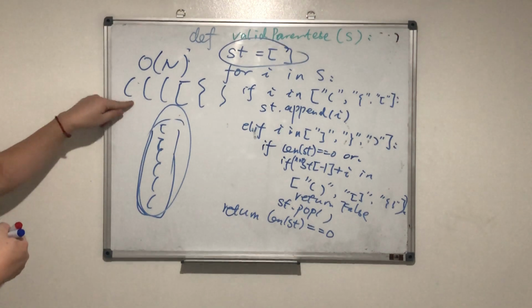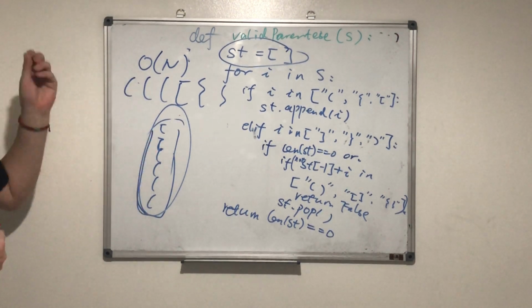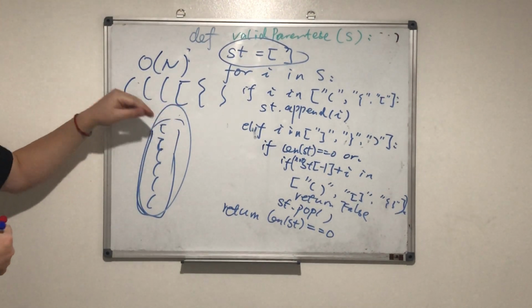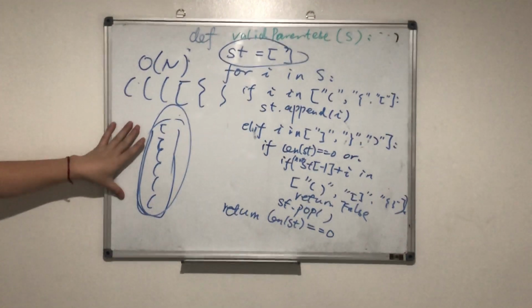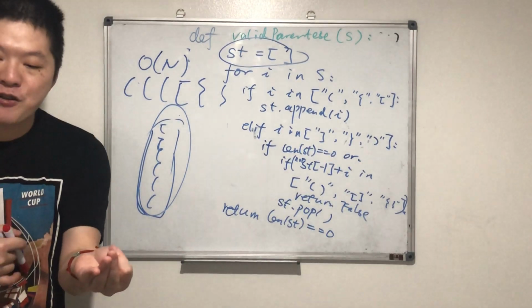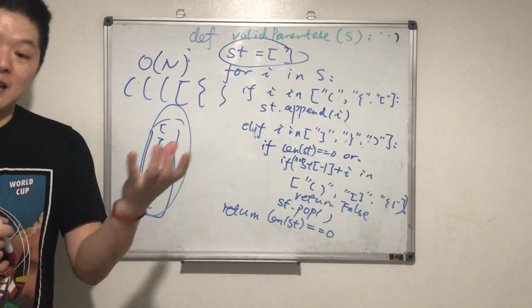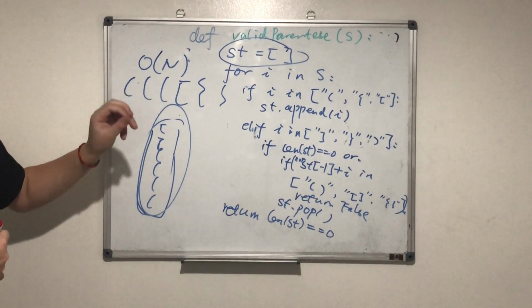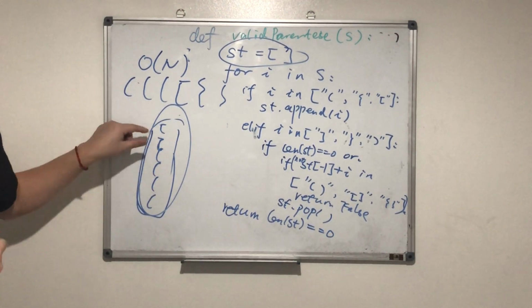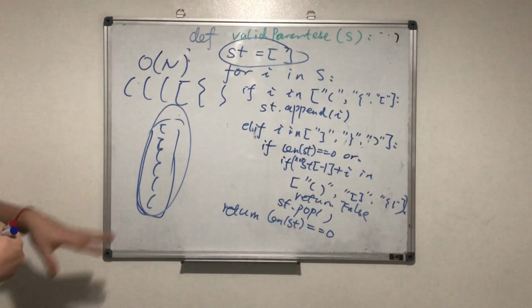And in the worst case, there's no popping from the stack. In the worst case, the string contains all the pushes, all the opening, and then if a string size is 100 characters, we need a stack which can hold at least 100 characters. Do you get it? This is what it means by stack.